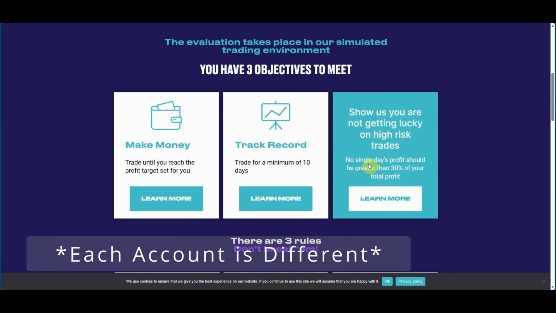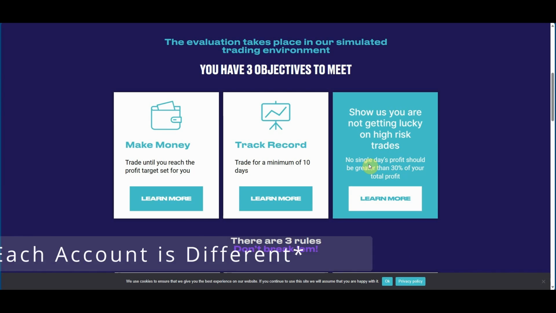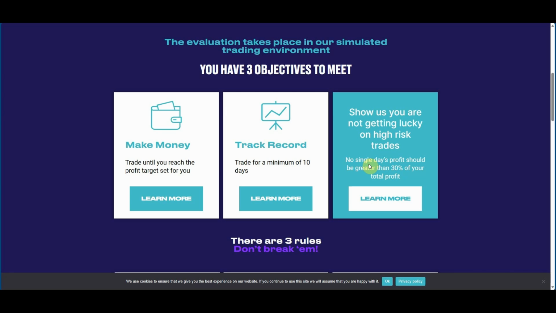If there is a day that is more than that, say 350, you're actually going to have to make more than your set target, because that 30% is now having to be at a minimum of the $350. So that bumps up your total required profit, and basically it just means that it's not worth going over the 30% per day of total profit, because it just makes it harder for you down the track.